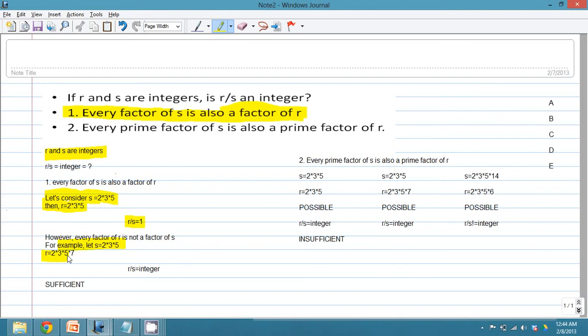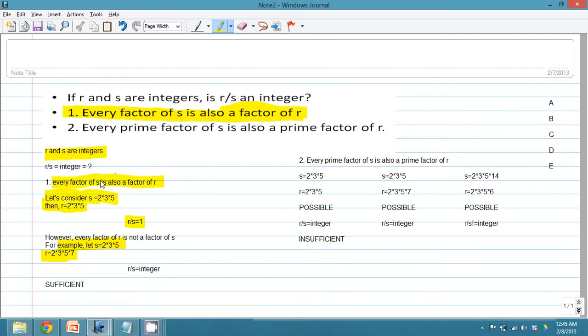Now if I multiply R, that is 2 and 3 and 5, by another factor 7, would that factor necessarily have to be a factor of S? No, that's not mentioned anywhere in the statement. The statement just says every factor of S is also a factor of R. It never says anything about every factor of R being a factor of S.